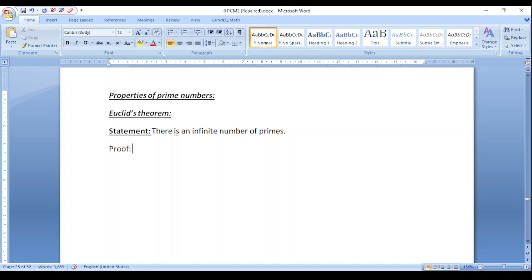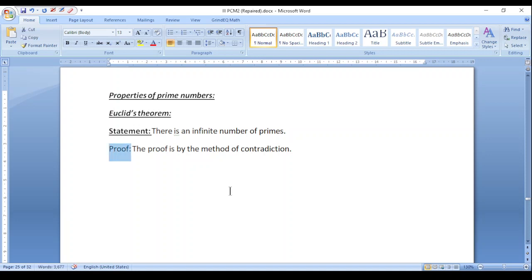A very straightforward result. Okay, so to begin with, as I said, we are going to prove this by the method of contradiction. So, what do you mean by the method of contradiction?